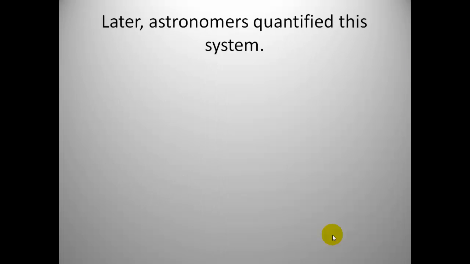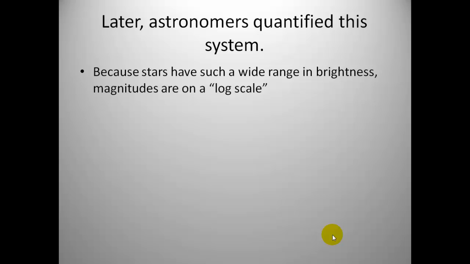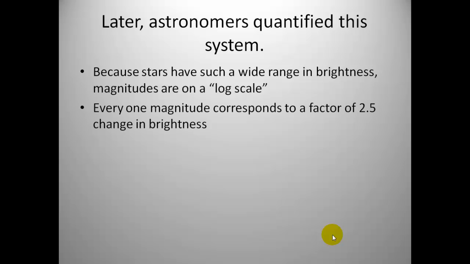So later astronomers quantified this system, did the calculations, and they worked out that this magnitude scale that the Greeks came up with was basically a log scale. And every magnitude corresponds to a factor of 2.5 change in brightness. So if you go from a magnitude 2 to magnitude 1, the magnitude 1 star is 2.5 times as bright.